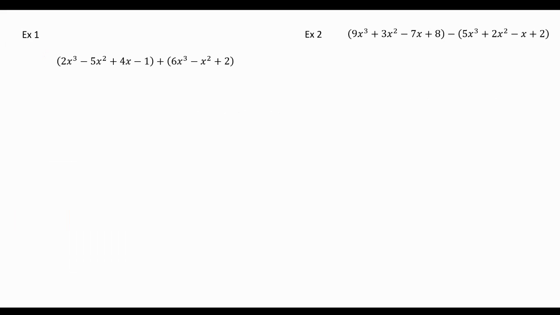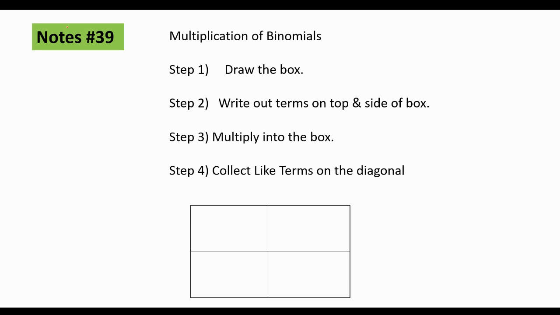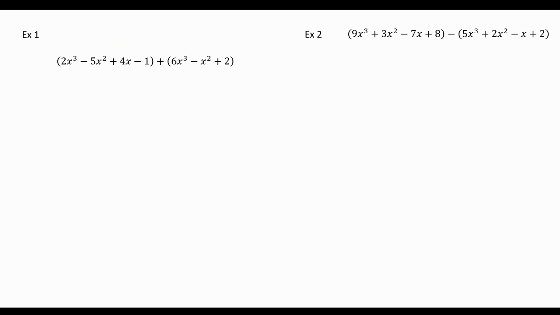This is going to be assignment number 40. So you should have a piece of paper out, label it assignment number 40. And then you should write down these two problems.